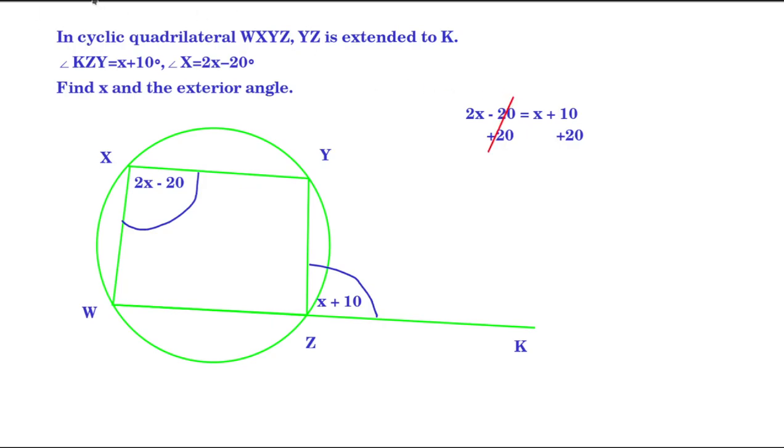Then you have 2x is equal to x plus 10 plus 20, that's 30. Then subtract x from both sides. These guys are going to go away. 2 minus 1 is 1. Then you are left with x is equal to 30 degrees. So that's the value of x.